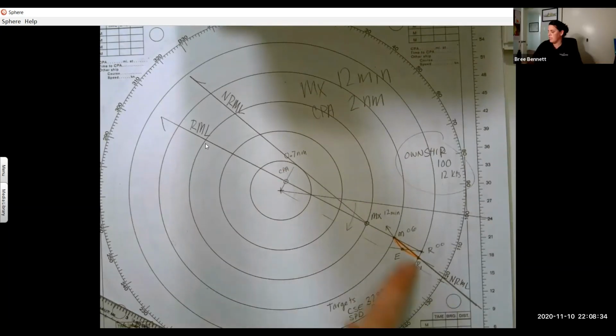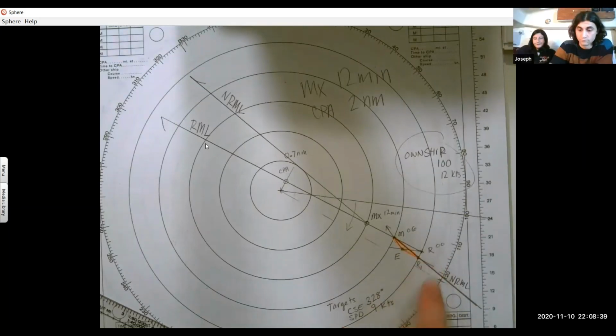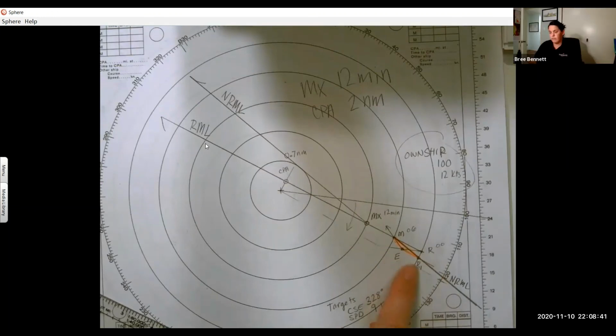So go ahead and plot the new RML line on the new triangle to get a second triangle and see what you get for course change.